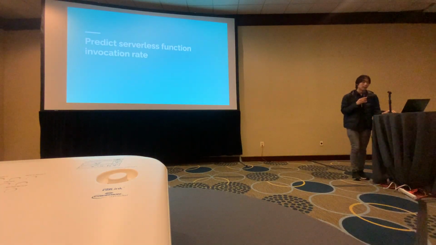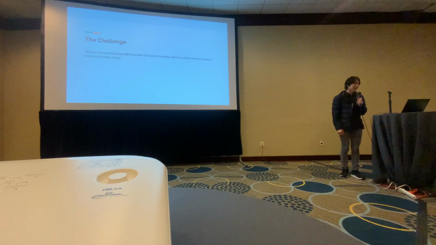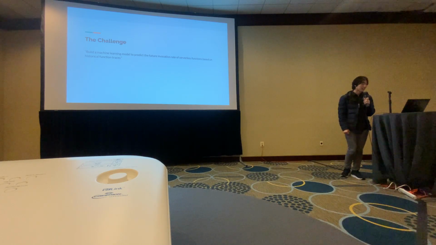And finally, for the last one, we were supposed to predict serverless function invocation rates. So how I originally understood the challenge was that we were supposed to output the function applications at each minute in a day, minutes being 1 through 1440.